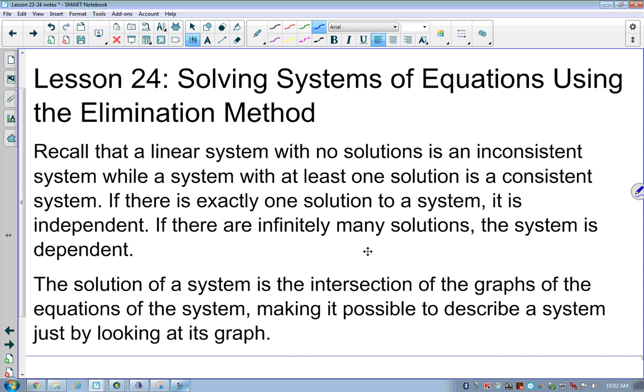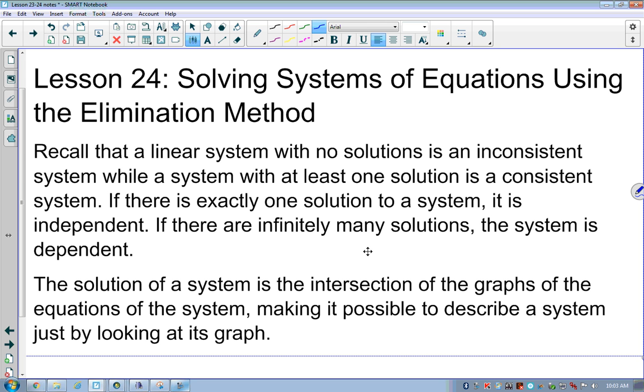It's important for us to remember when I have an inconsistent system. Inconsistent is no solutions. Consistent is at least one. It can be one or all, right? Okay? If there's exactly one solution to a system, it is independent. Okay? So where two lines cross is going to be consistent and independent.